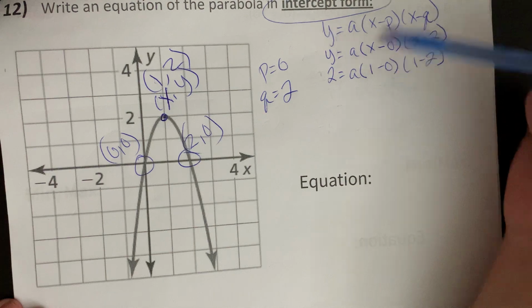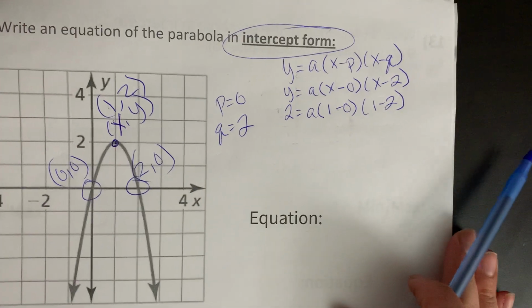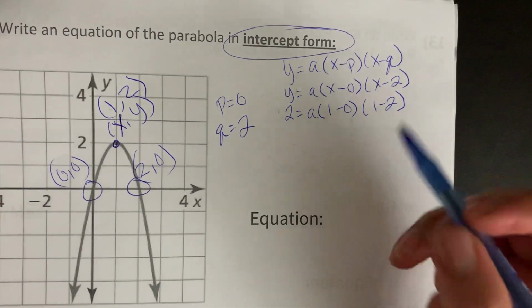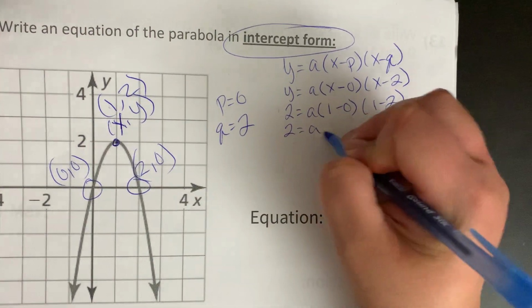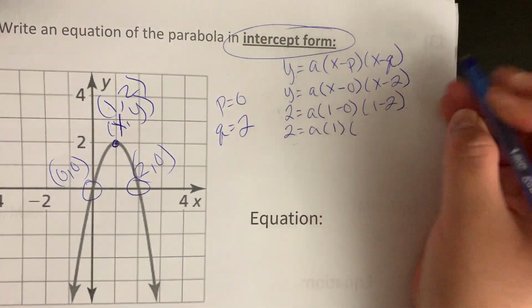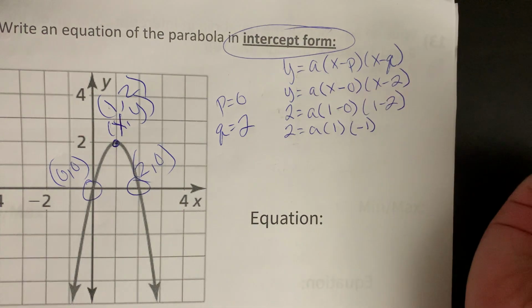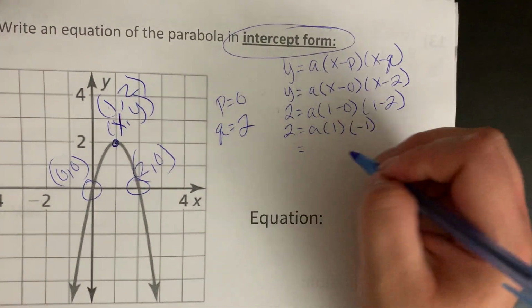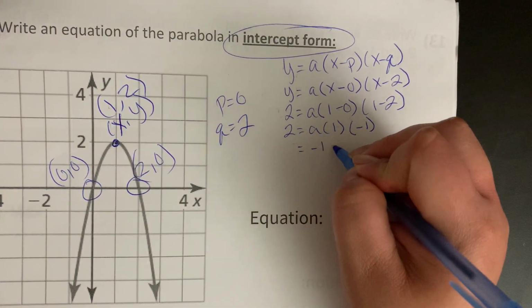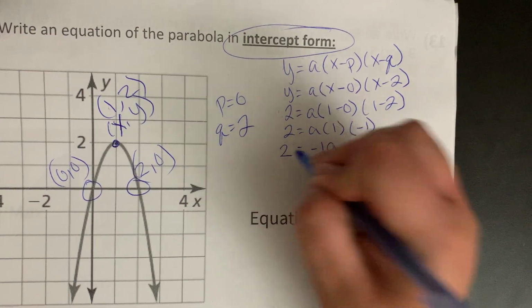Now the only variable I have left over, can y'all see that? The only variable I have left over is a. So we have 2 equals a times 1 minus 2 is negative 1. So you're going to have negative 1a equals 2.